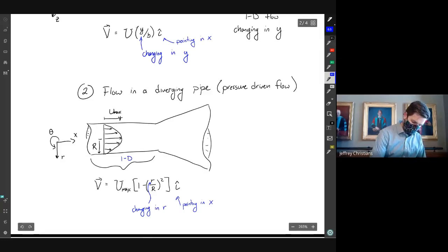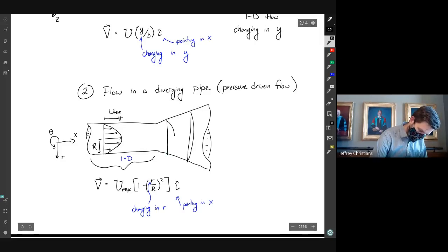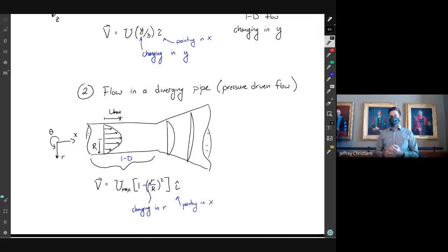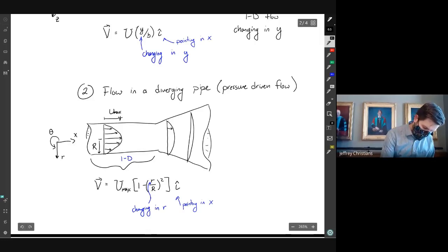This next section here, we're going to have something that looks like, let me draw this a little better. So this is coming. Basically, once we get to that diverging section, then we're going to start slowing down. So then we're going to have something like this. We're in this diverging section.